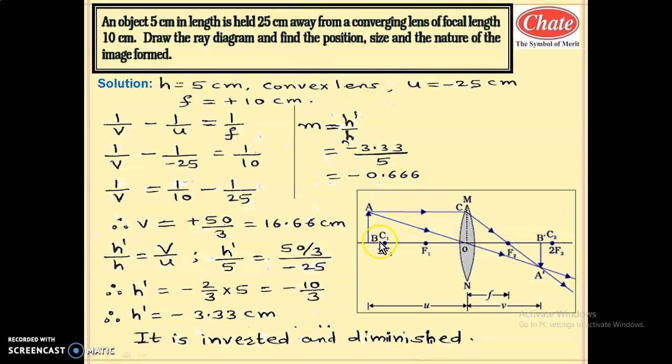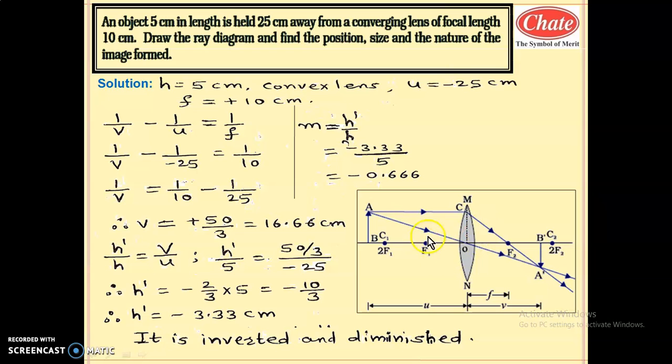If the object is beyond 2f1, then the image will be between f2 and 2f2. It will be diminished, real and inverted. So here the image will be diminished, real and inverted.